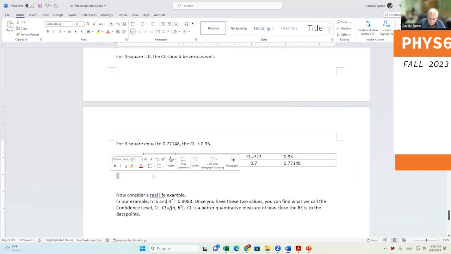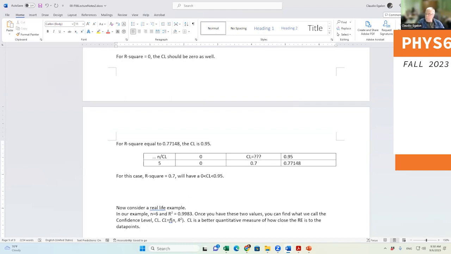That's the type of answer that you have to provide me whenever we are doing the lab. For this case, R squared equal to 0.7 will have a CL anywhere between 0 and 0.95.